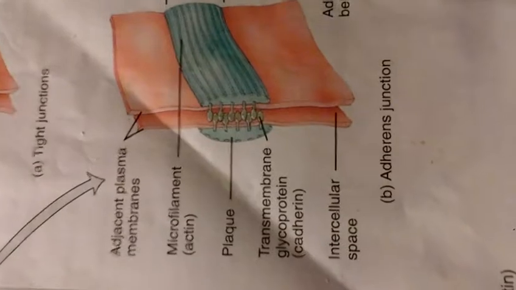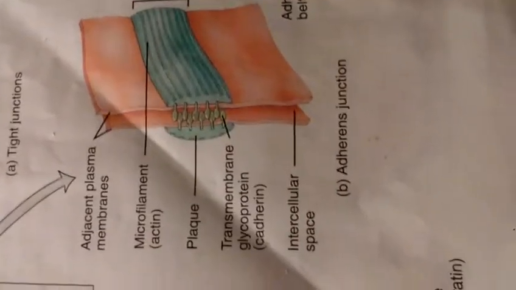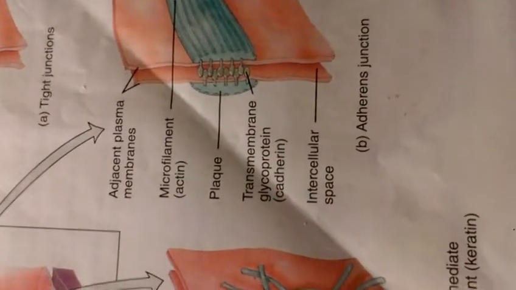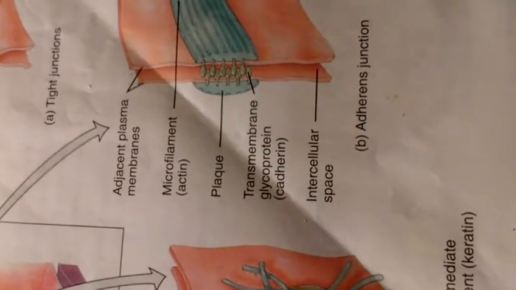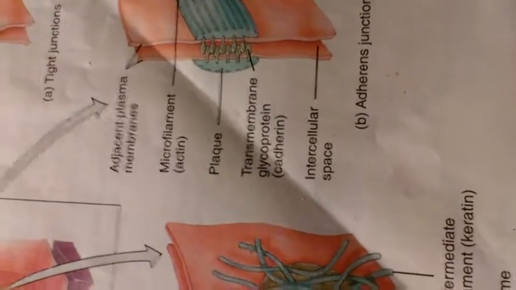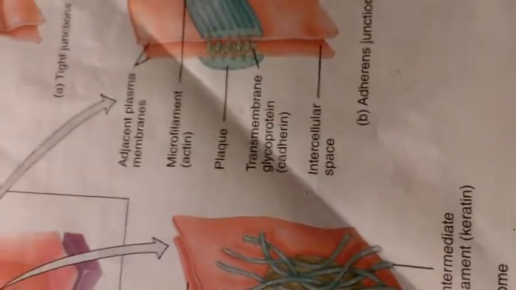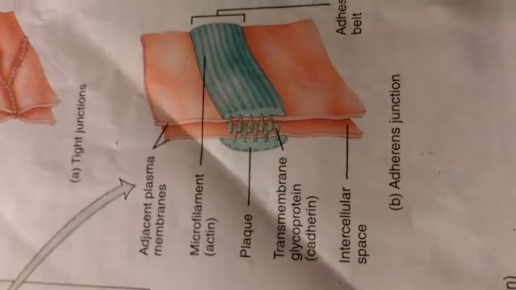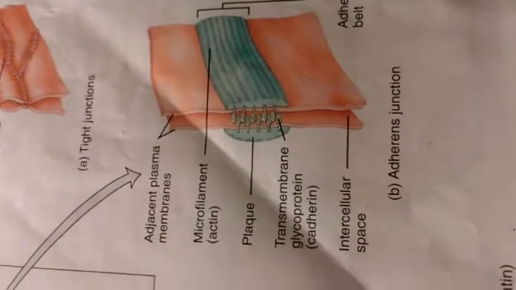Not only does it look like one, but it's actually a function of this junction, so it's nicknamed a belt because it joins cells together. The book says it's made of plaque and anchors cells together. It has a transmembrane glycoprotein called cadherin, which is the same protein that's in the desmosomes, as we read earlier. So it holds cells together, and it's called the belt.